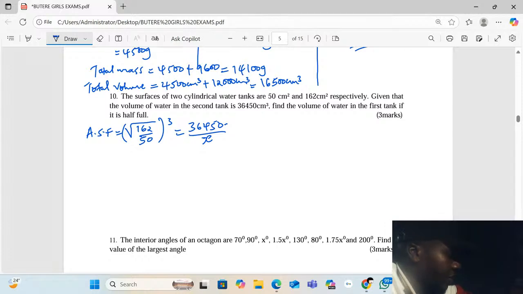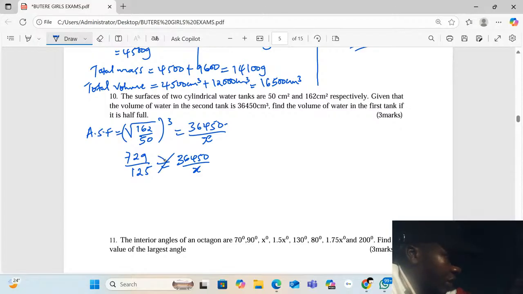So here we shall have 729 over 125 equal to 36,450 over x.